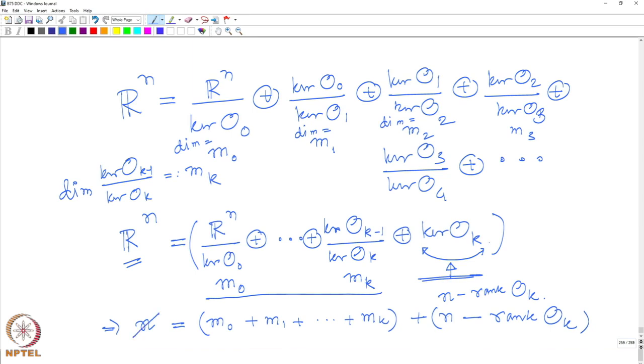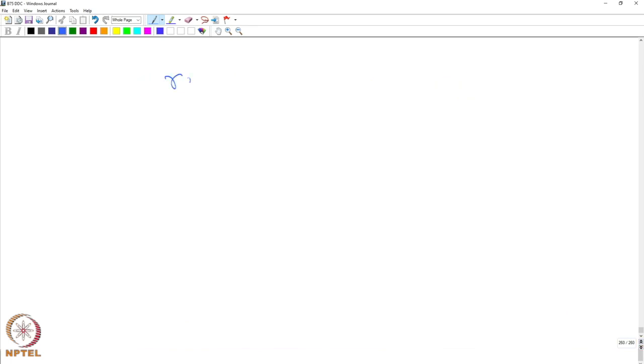Then n cancels out, and all we are left with is that rank of O k is equal to, lo and behold, M0 plus M1 plus dot dot dot up to M k. Lovely, isn't it?